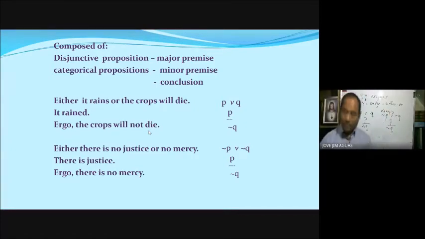Just to make sure: if it is a positing process, the minor posits and the conclusion denies. If it is a denying process, the minor denies, then the conclusion accepts. I hope that's clear. Any question?